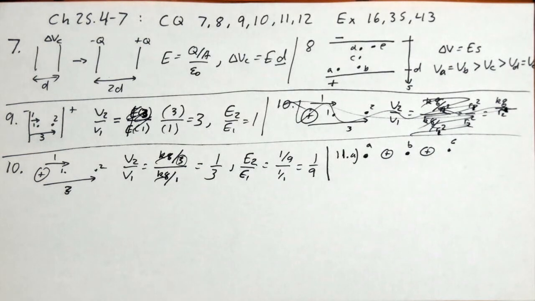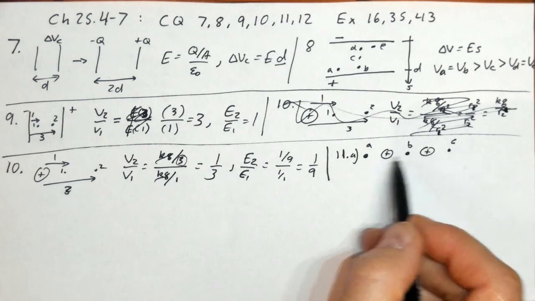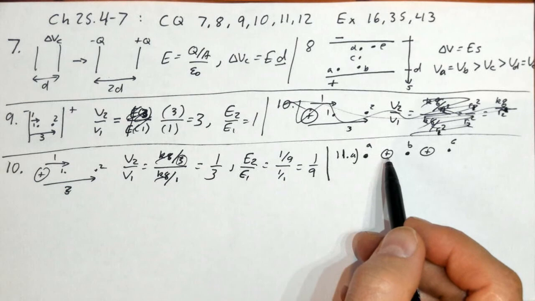Well, first of all, are the potentials positive, negative, or both? We can see that the potentials are going to all be positive because all of my source charges are positive. And so when I add up those values, they're all positive.